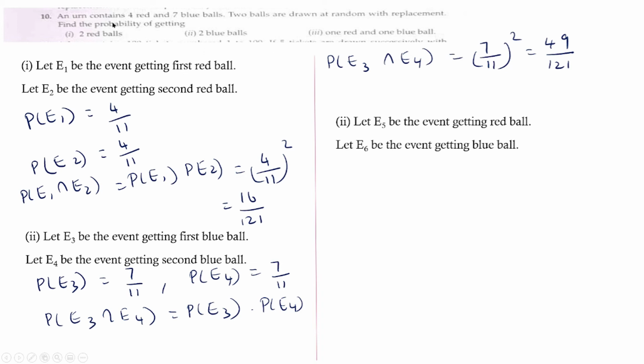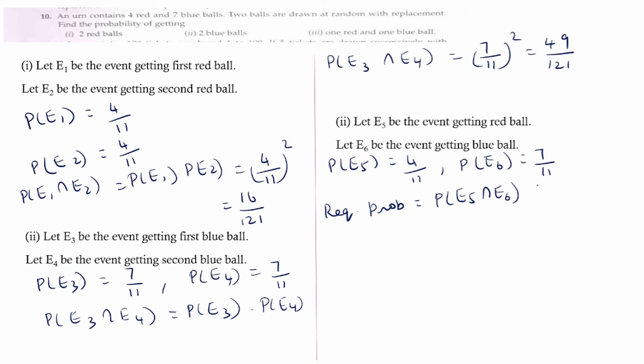The third subdivision, probability of getting one red and one blue ball. Let E5 be the event of getting a red ball and E6 be the event of getting a blue ball. So probability of E5 will be 4 by 11 and probability of E6 will be 7 by 11. So the required probability will be probability of E5 intersection E6 plus probability of E6 intersection E5.